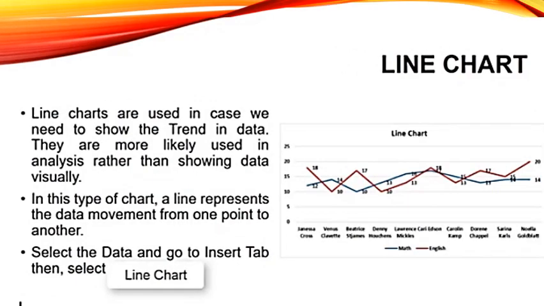Next, line chart. Line charts are used in case we need to show the trend in data. They are more likely used in analysis rather than showing data visually. In this type of chart, a line represents the data movement from one point to another. As you can see, with the help of that line, we can easily see the lowest or the maximum point of the chart.